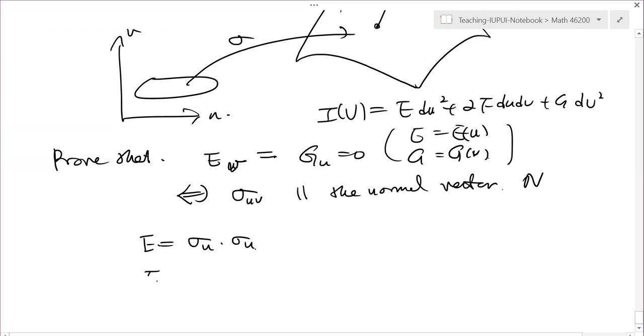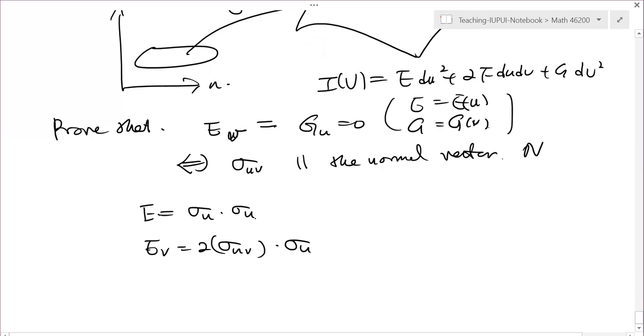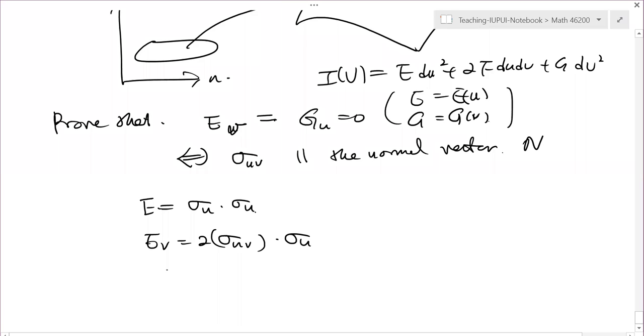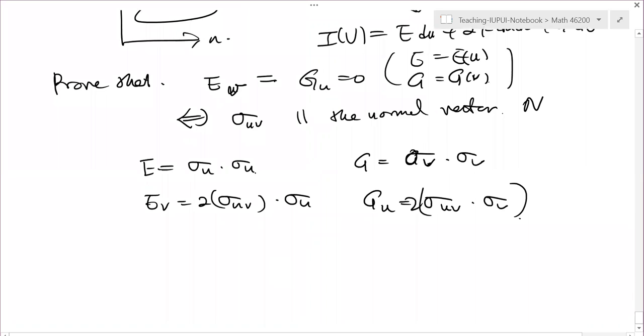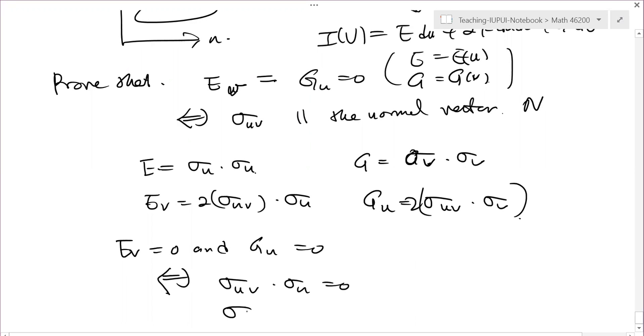E is sigma_U dot sigma_U, right? So E_V is going to be twice sigma_UV dot sigma_U. And G is sigma_V dot sigma_V, so G_U is going to be twice sigma_UV dot sigma_V. So E_V equals 0 and G_U equals 0 if and only if sigma_UV dot sigma_U = 0 and sigma_UV dot sigma_V = 0, right?